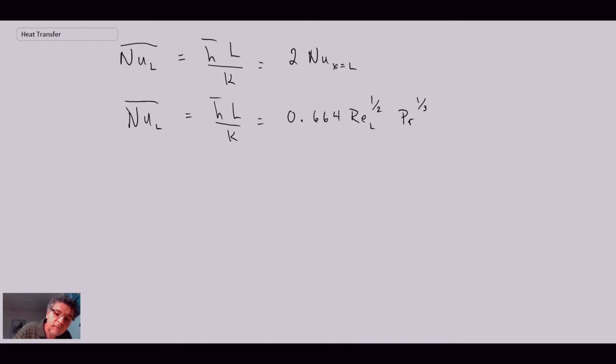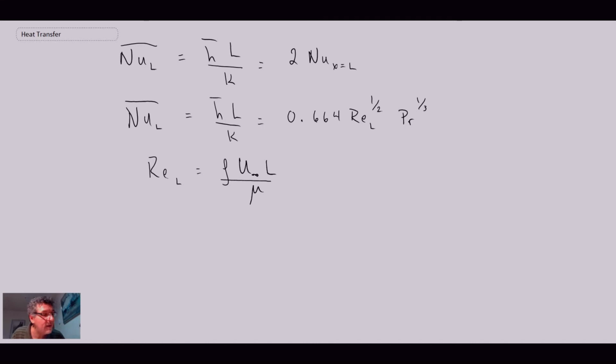Remember, it only applies for the laminar boundary layer with an isothermal plate. We can then write an expression for the Nusselt number, and I'll put an over bar here to denote average. And finally, Reynolds number at L is the Reynolds number evaluated with the length scale being the length of the plate.